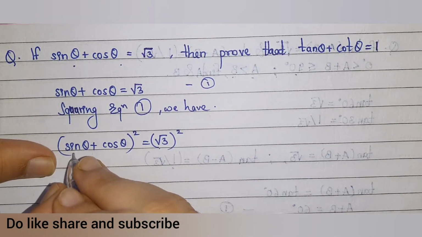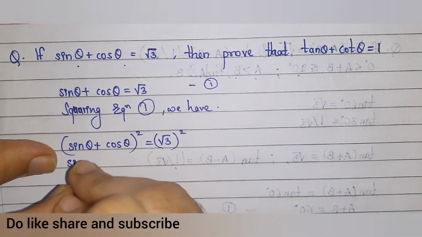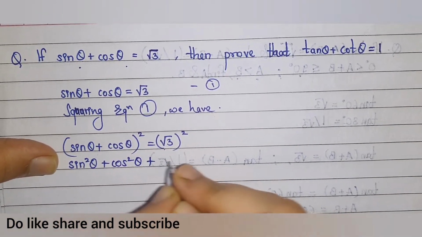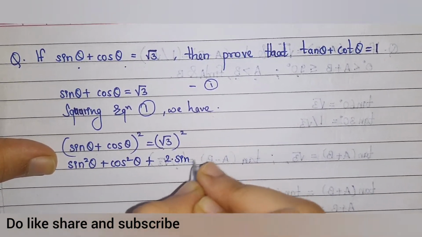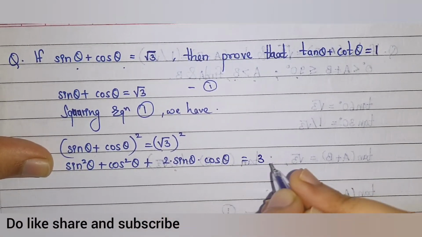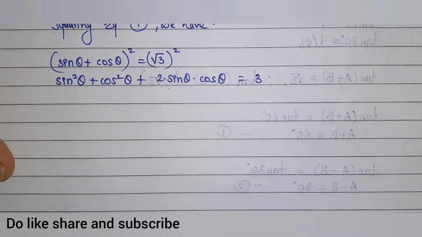Consider a is equal to sine theta and b is cos theta. So similarly, open this bracket: sine square theta plus cos square theta plus 2 into sine theta into cos theta is equal to 3, as the square root and square term get cancelled.